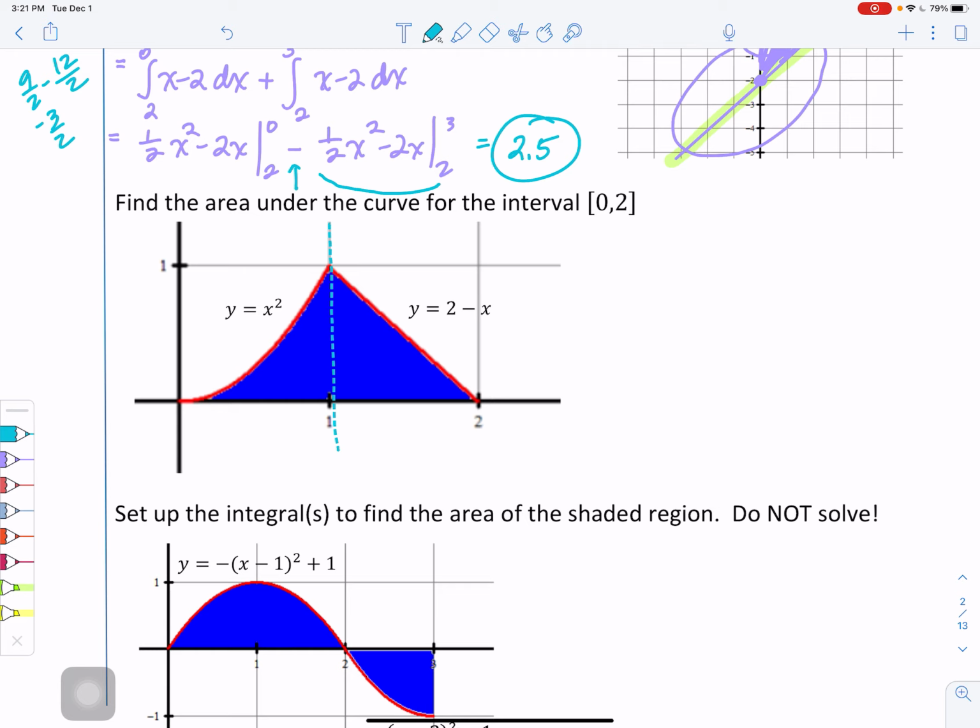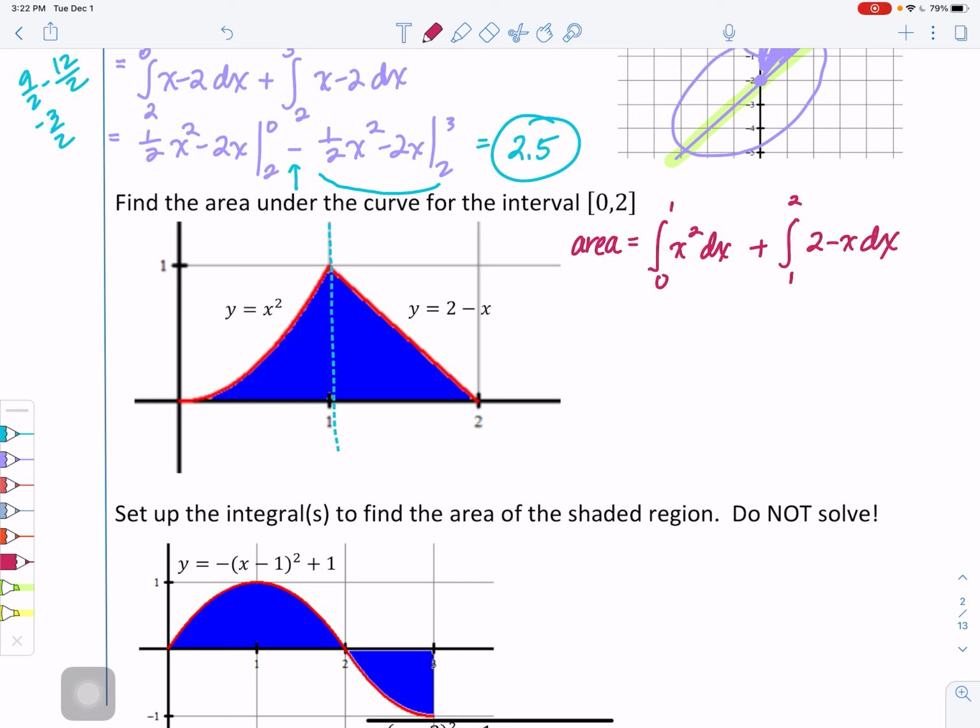We have two different curves. So that total area under that curve is going to be equal to, so the area under from 0 to 2 is going to be the integral from 0 to 1 of x squared dx, plus, now we're on the other side, the integral from 1 to 2 of 2 minus x dx.